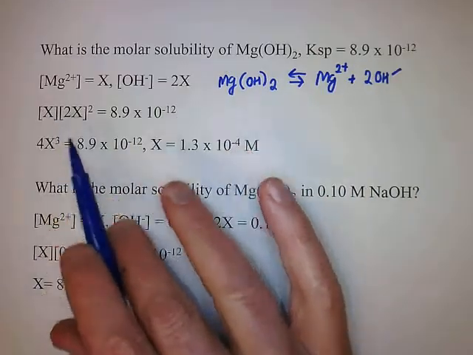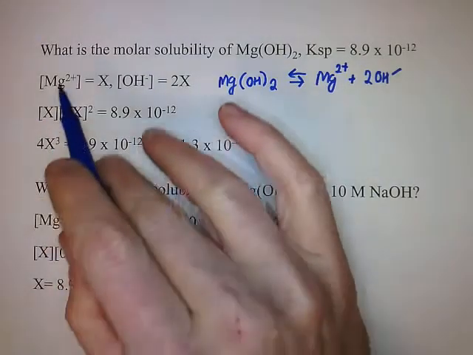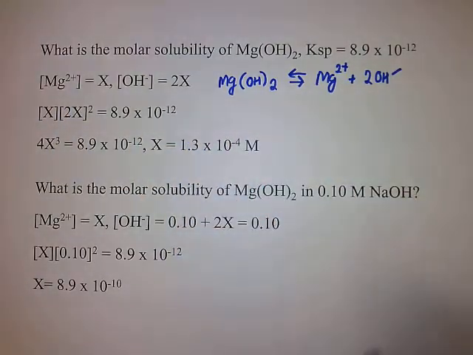So X times 2X, and we have to square the 2X, is equal to the KSP. So 4X cubed is equal to the KSP, divide by 4, take the cube root, and you get 1.3 times 10 to the minus 4.